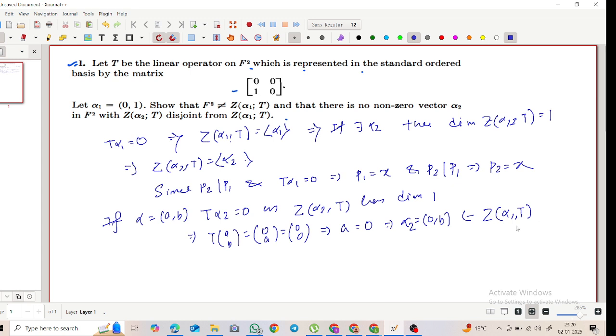So no such alpha 2, so z alpha 2 t intersection z alpha 1 t is non-trivial.